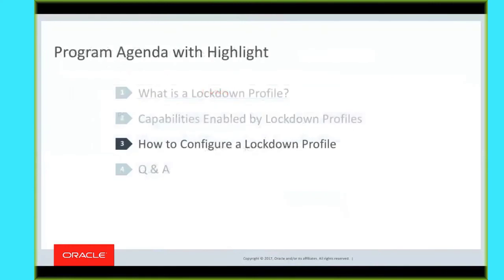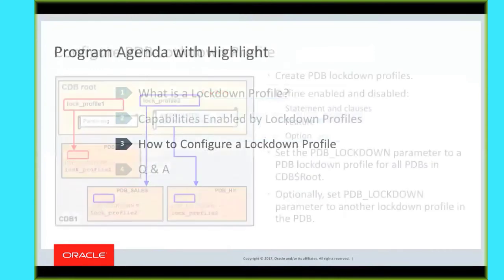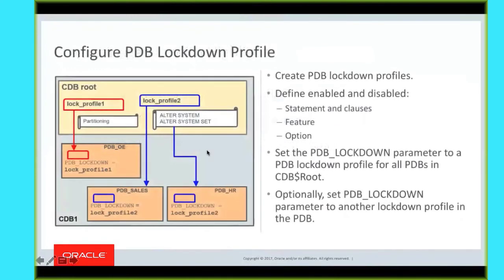So let's take a look at the syntax and how to configure a lockdown profile, and let's see some other examples. As you see here on the left-hand side, we have a CDB root, and at the bottom there are 3 PDBs: PDB OE, order entry, PDB sales, and PDB HR.